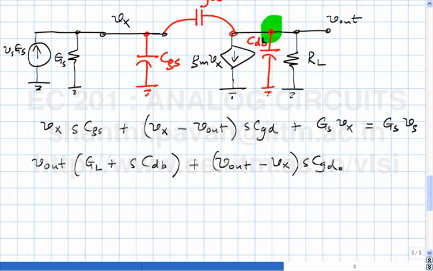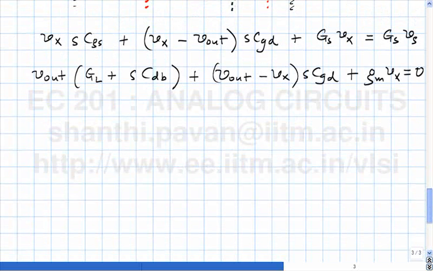Okay, that's the current flowing out of Vout through the CGD capacitor, plus GMVx must be 0. Is that correct? We have two equations, two variables. Let's now just do the maths.